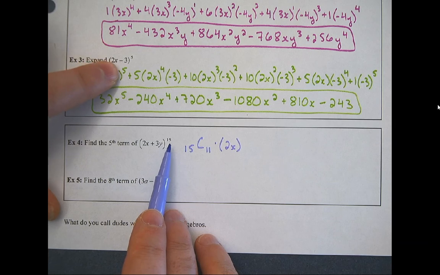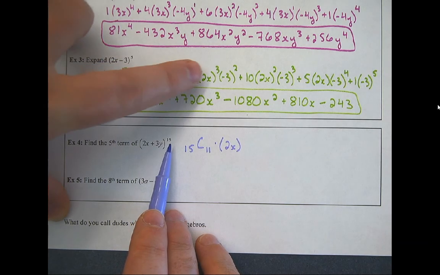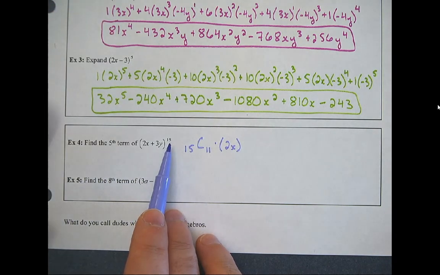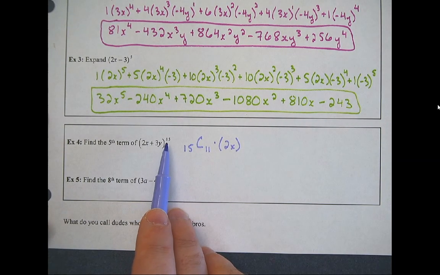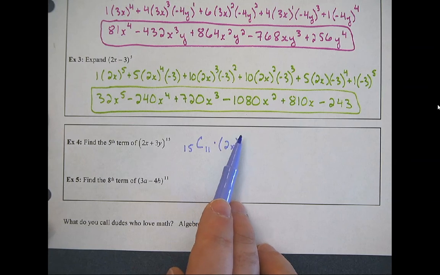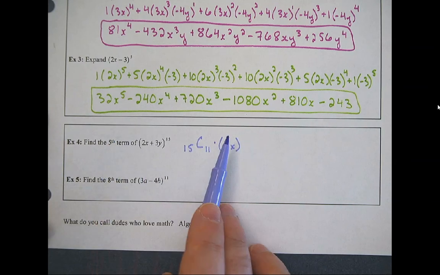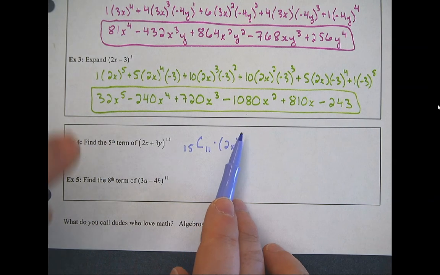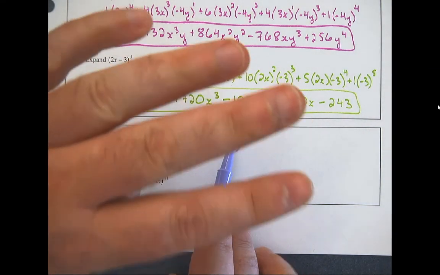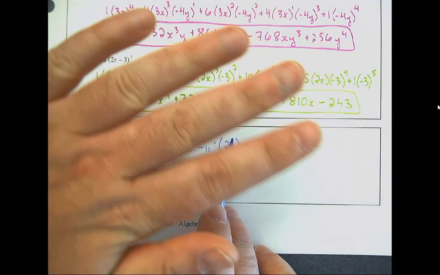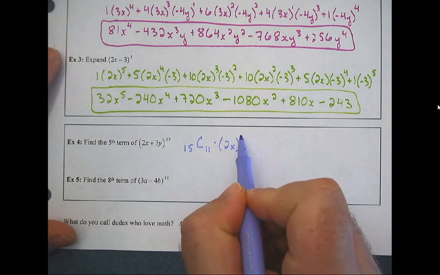The first term has a 5, then it goes down by 1 until it gets to 0, and there are none of the first term. So in row 15, the first term should be to the 15th, but we want the 5th term. So the first term would be 15, the second term 14, 13, 12, 11. Again, we get 11 as the 5th term.